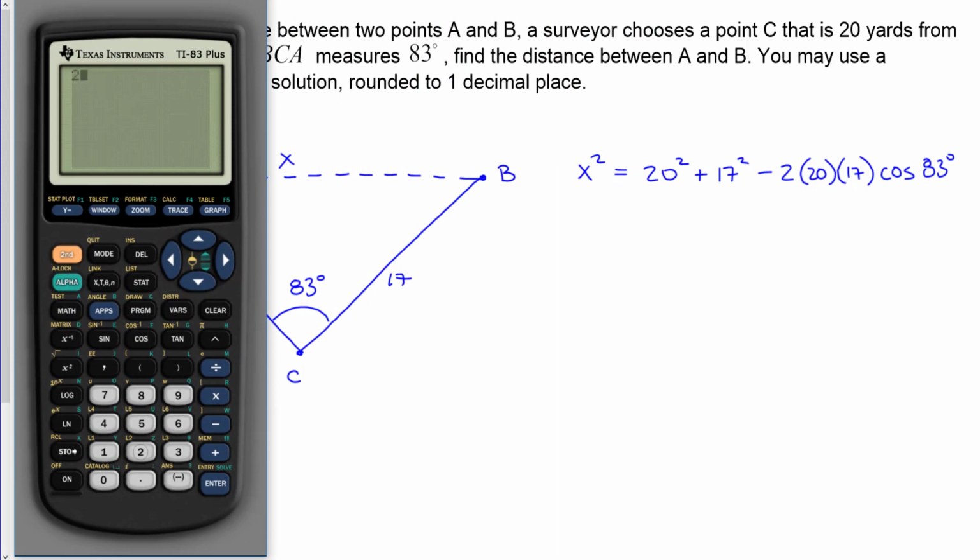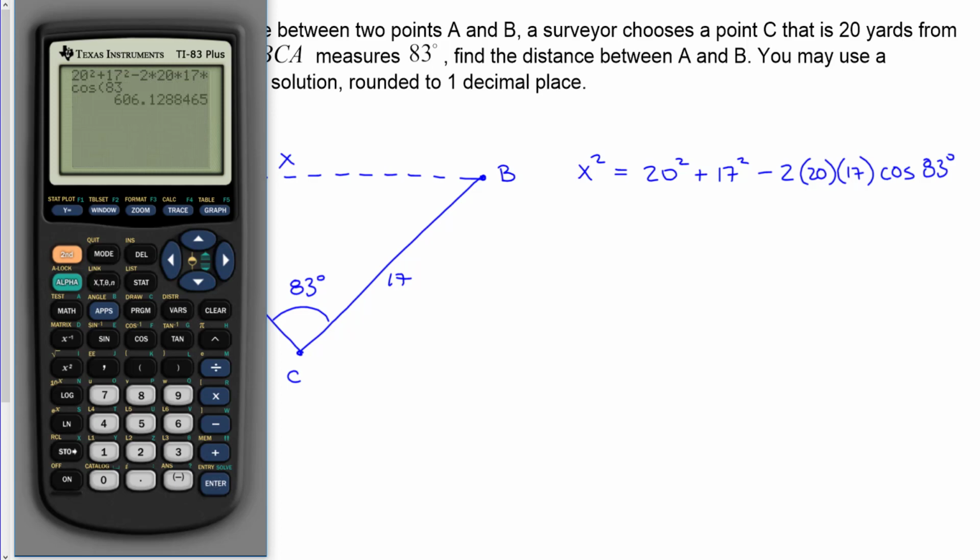So 20 squared plus 17 squared minus 2 times 20 times 17 times the cosine of 83 degrees. And let me just real quick check to make sure I'm in degree mode. You can see how degree is highlighted, so that's good.